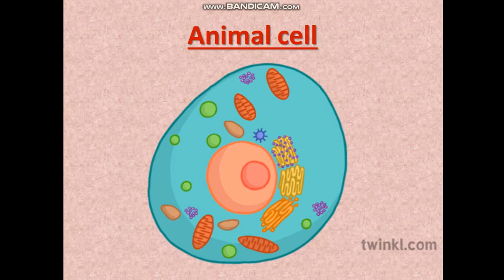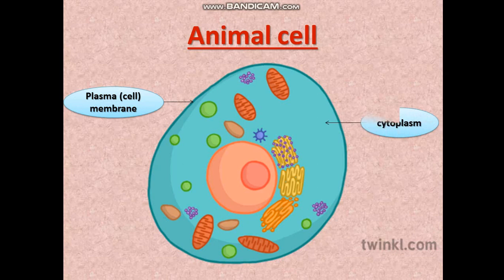Number 1, plasma membrane. Number 2, cytoplasm. Number 3, nucleus. Number 4, small vacuole.